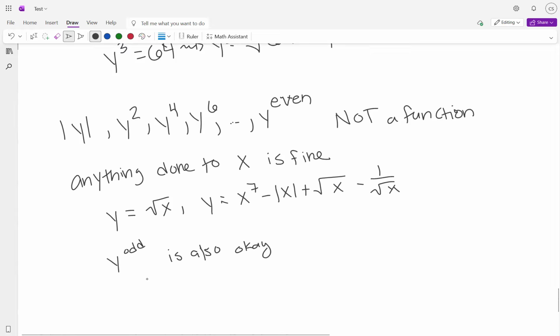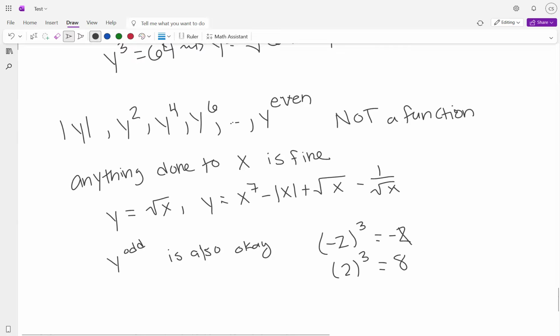Because previously with the squared and the absolute value and other even powers of y, the annoying thing is when you plug a negative number in, it gives you the same value as though you'd plugged in a positive number. But here, let's just see an example. Negative 2 cubed is negative 8, and 2 cubed is 8.